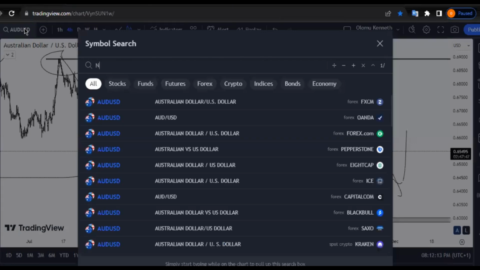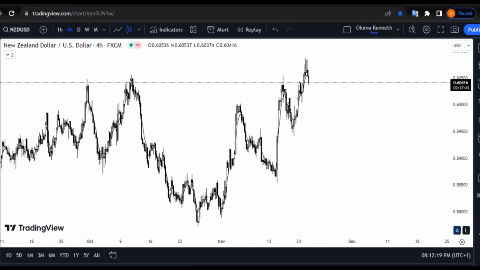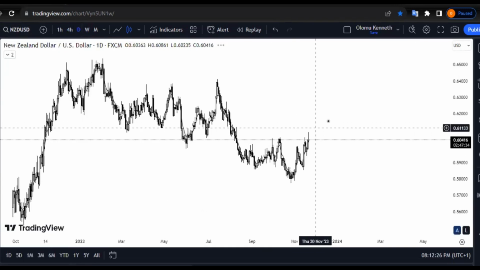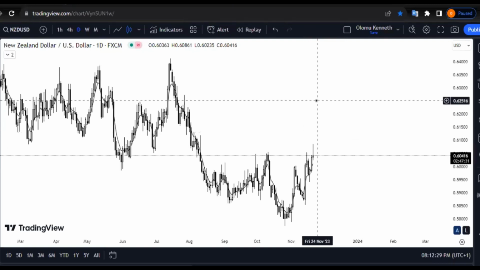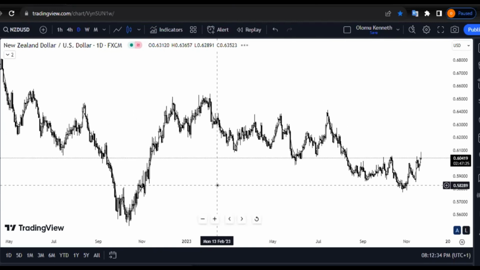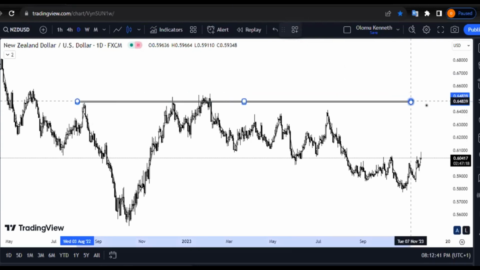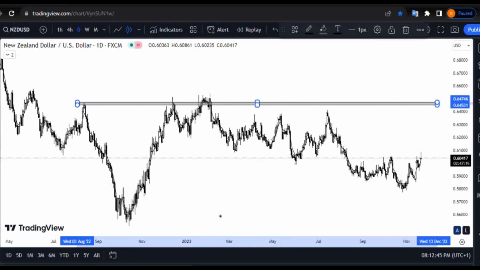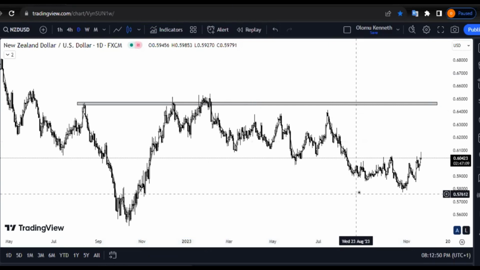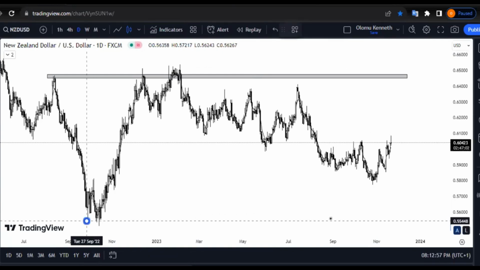Let's look at NZDUSD. Oh, wow. Nice. For NZDUSD, it's more like we are super bearish. That's the last range to the downside, and the market has not exceeded that range.